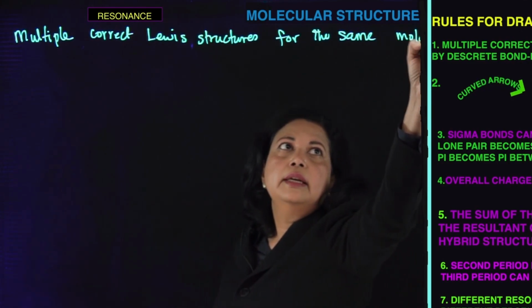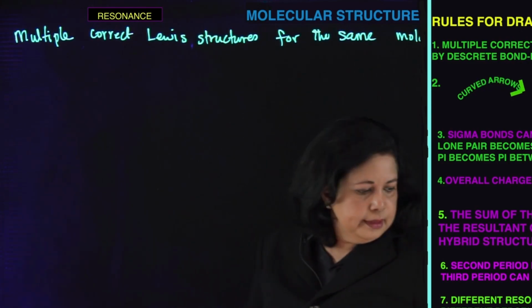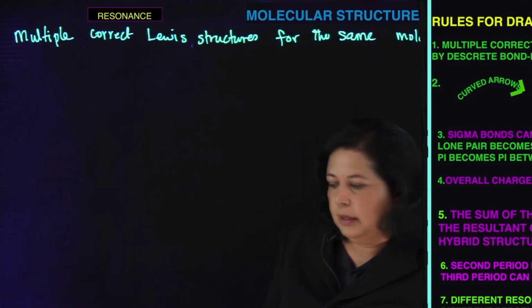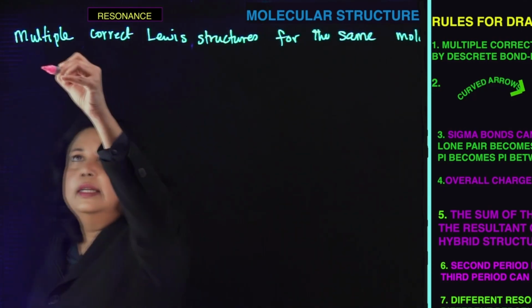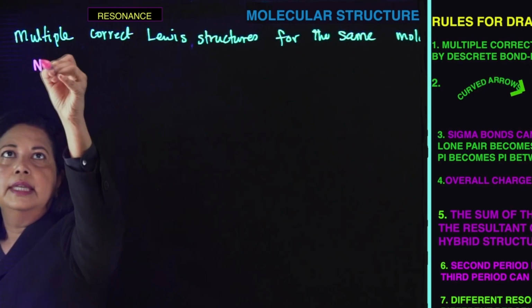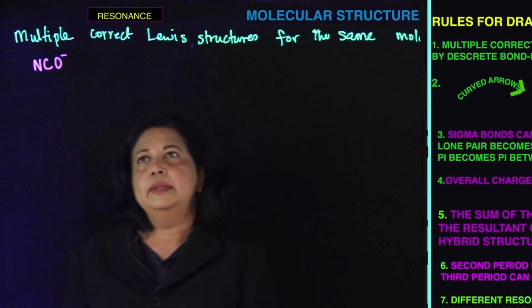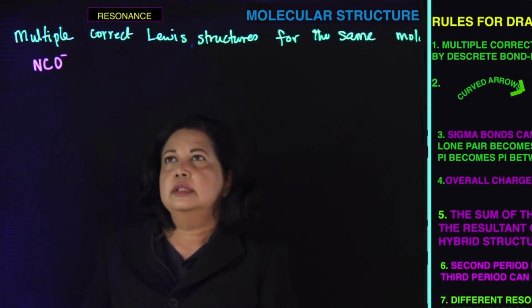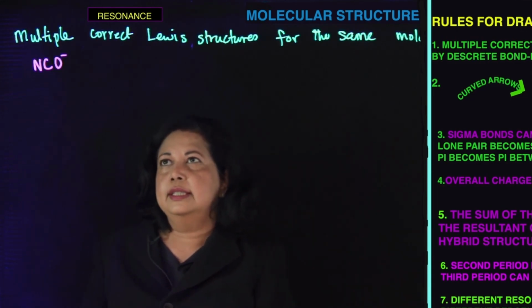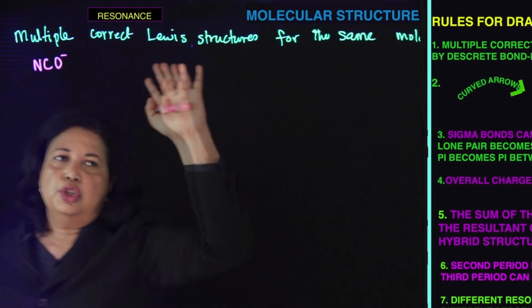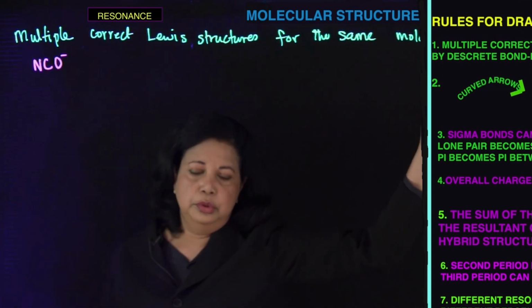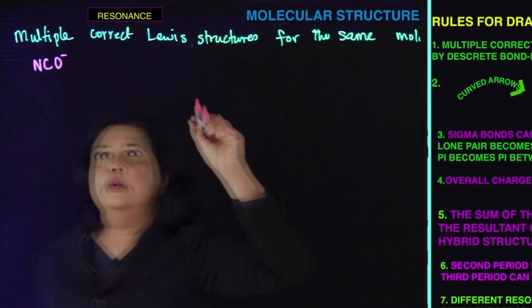What does that mean? For example, let's take a molecule like NCO minus. How many ways can we draw the correct Lewis structure for this? We follow the same Lewis rules we've used before.